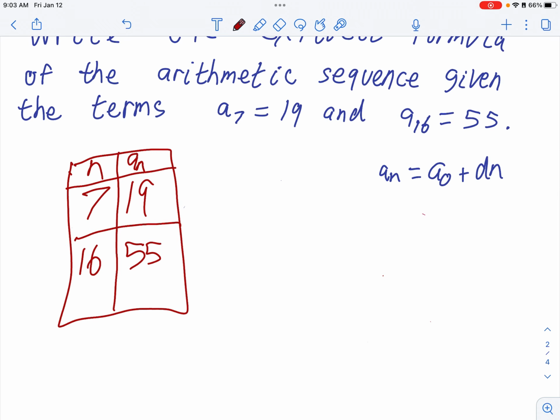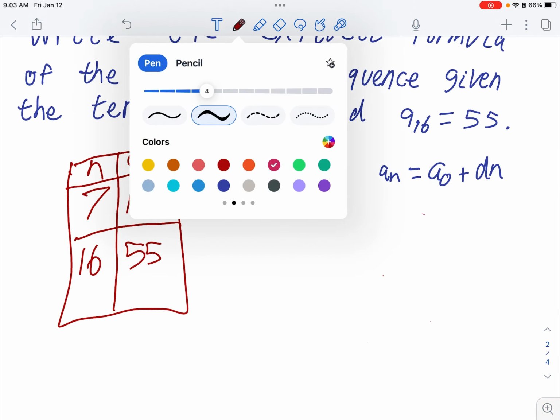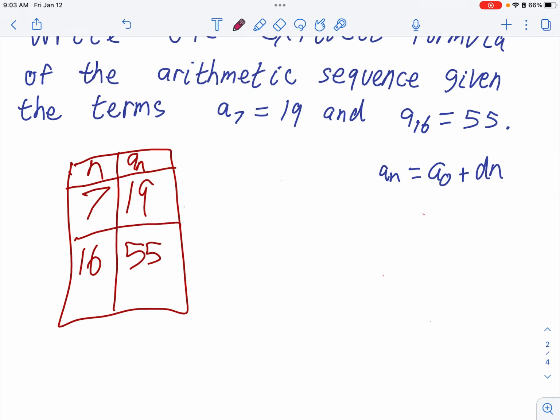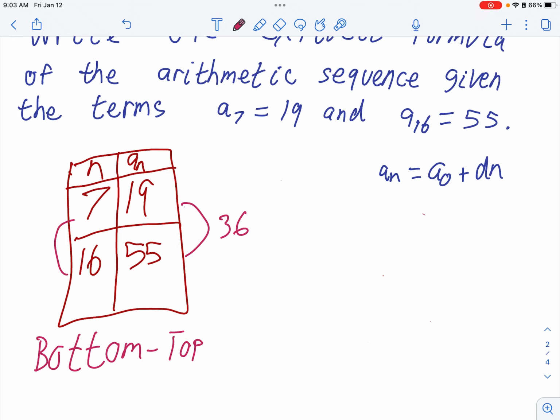Now, a good thing to remember when you're trying to find the difference is bottom minus top. We're subtracting. Okay, the difference between 55 and 19 is 36. The difference between 16 and 7 is 9.